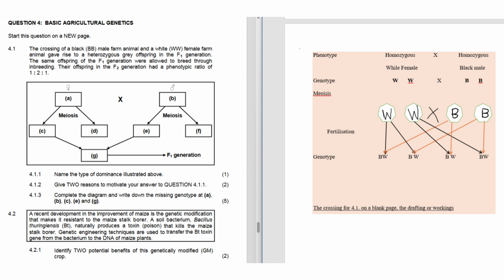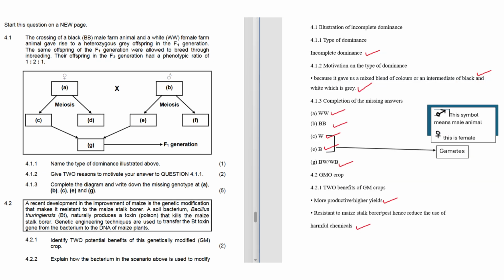This BW is going to be the first generation. So that means we got our answer, which is G: BW, heterozygous. Then that's all for question 4.1.3.